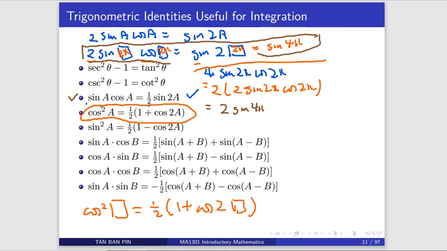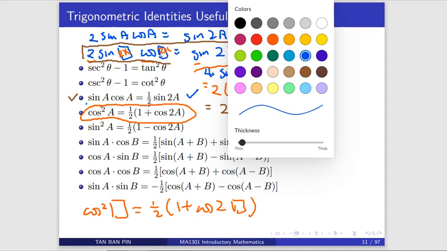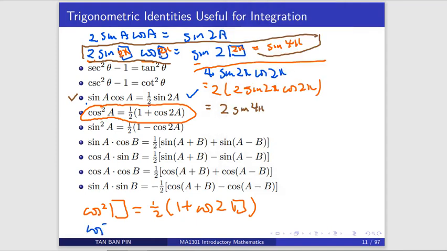And we are looking at cosine square 2x with a 3 outside.